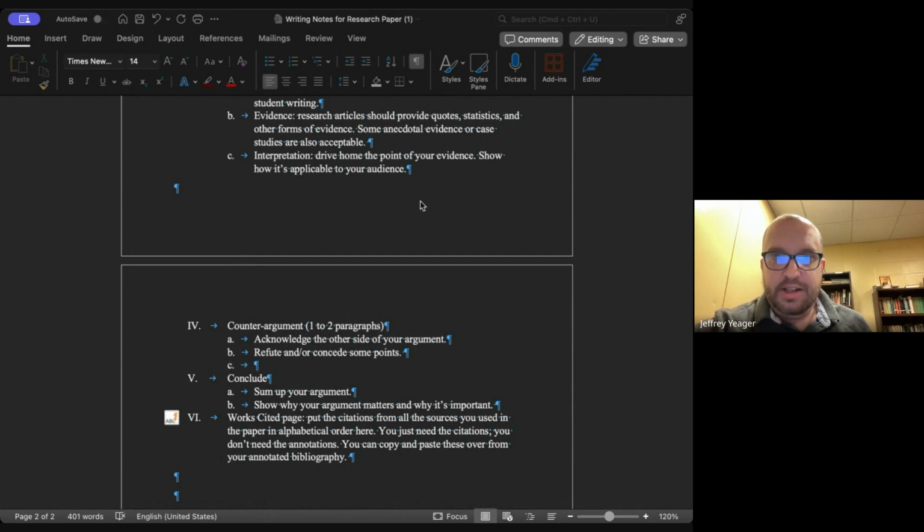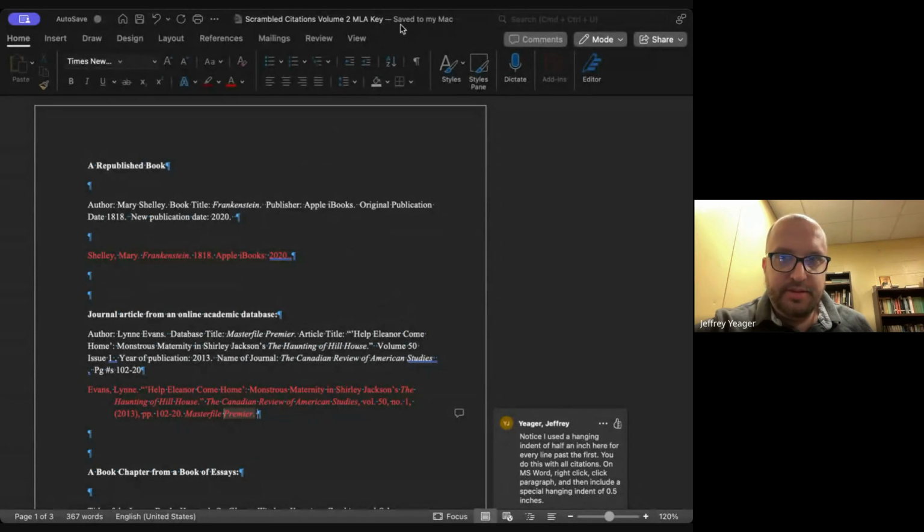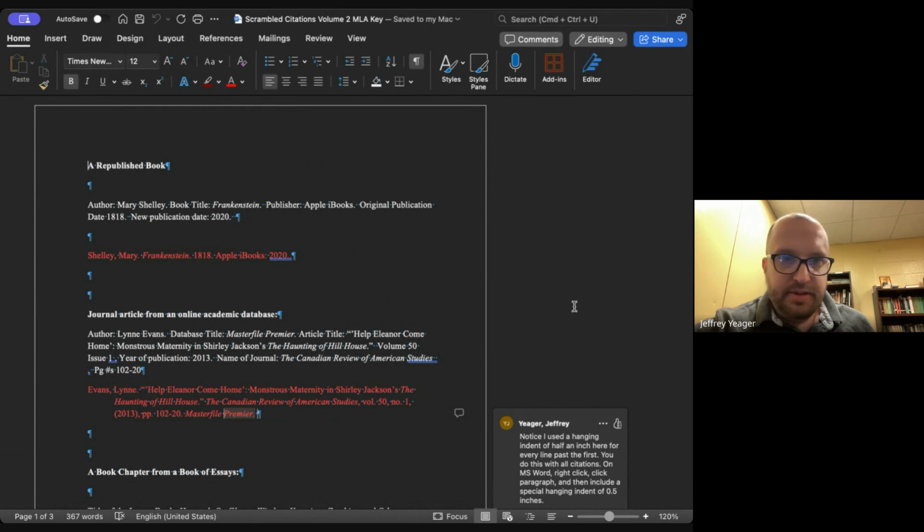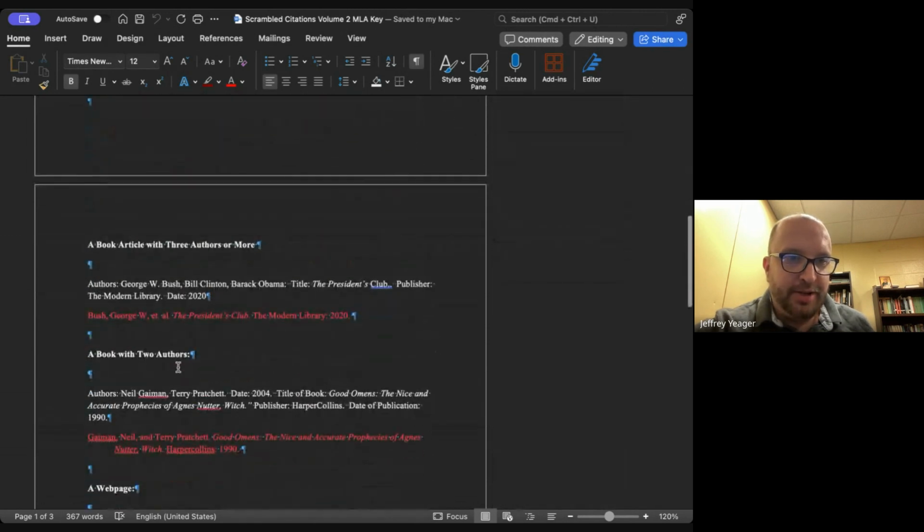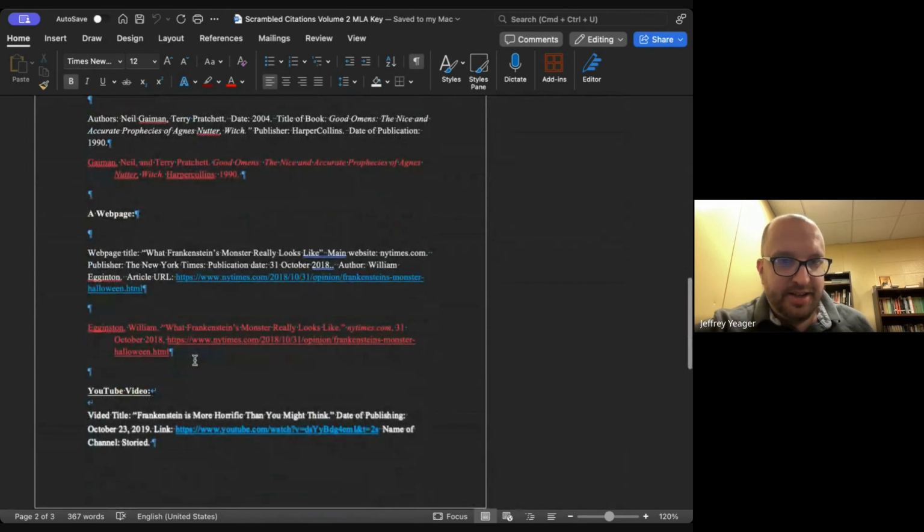Here, I'll show you real quick. This is the citation key that I have up on Moodle. If you're citing from a normal website, let's say I didn't know that William Eggleston wrote that article, I would start with the title, What Frankenstein's Monster Really Looks Like.